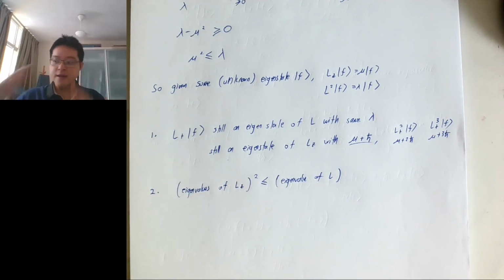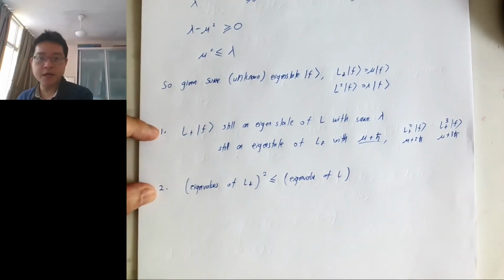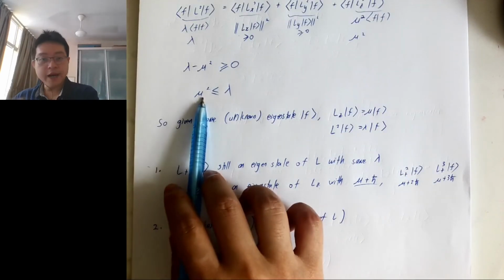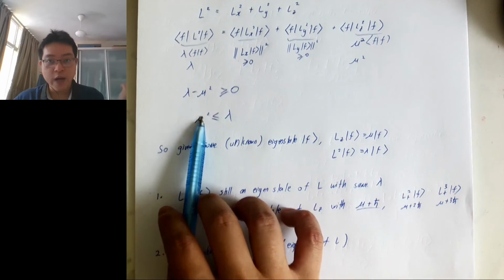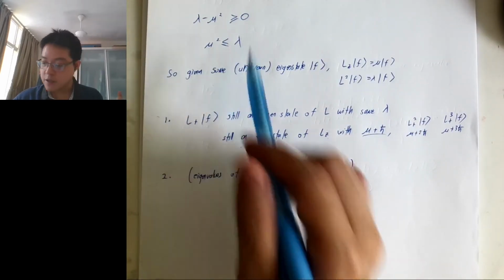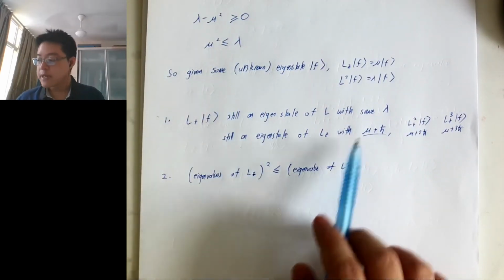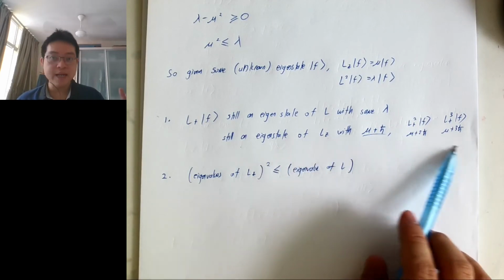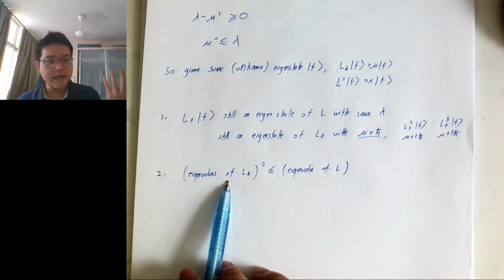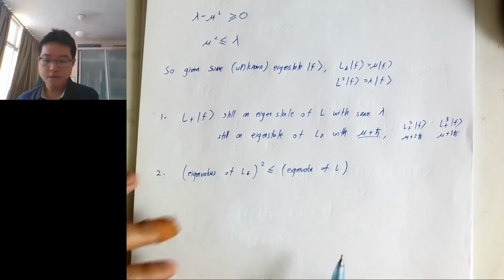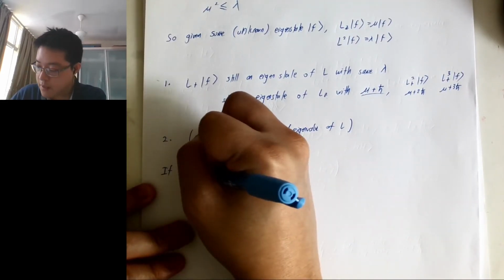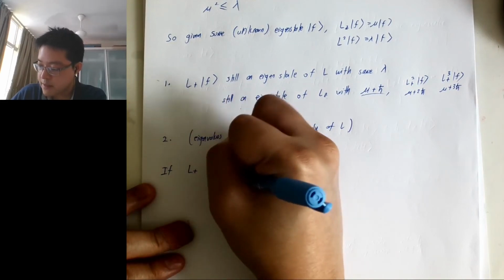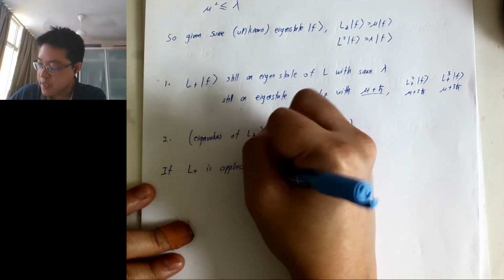So we might arrive at a problem, because this equation must be true: mu squared must be less than or equal to lambda. But if I keep on applying L plus too many times, will it violate this equation or not? This is our problem, if L plus is applied too many times.